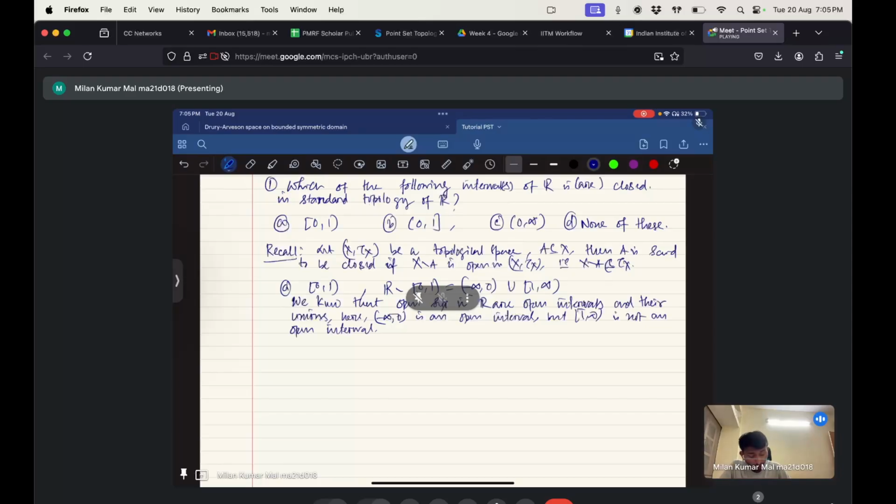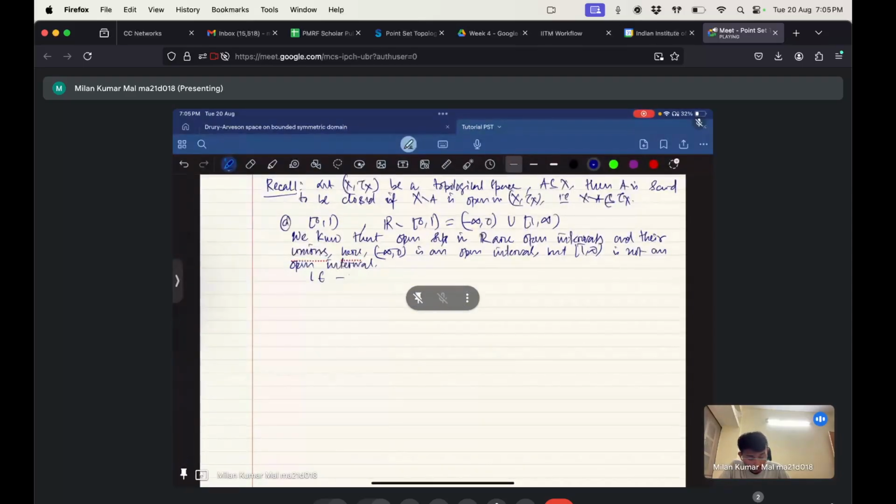Also, you can look at it in a different way. Let's take 1 belonging to (minus infinity, 0) union [1, infinity). Then for any epsilon greater than 0, we can easily see that (1 minus epsilon, 1 plus epsilon) is not contained in this set. If this were an open set, then we should be able to find an epsilon greater than 0 such that (1 minus epsilon, 1 plus epsilon) is a subset of this set, but that is not happening. Why?